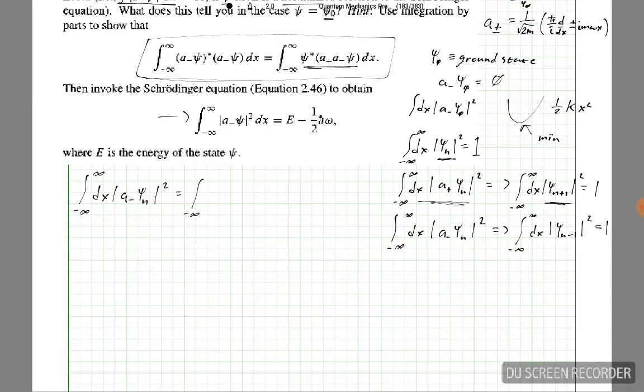Now that's going to equal the complex conjugate of the lowering operator on psi n, times the lowering operator acting on psi n. Let's go ahead and work out that complex conjugate of the lowering operator.